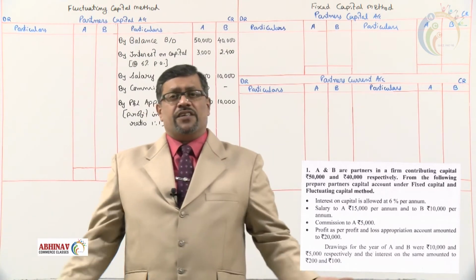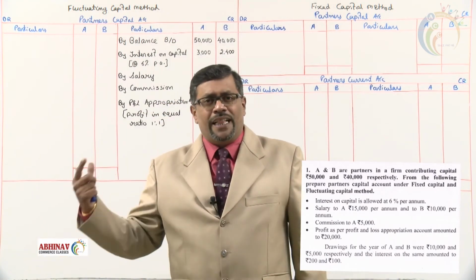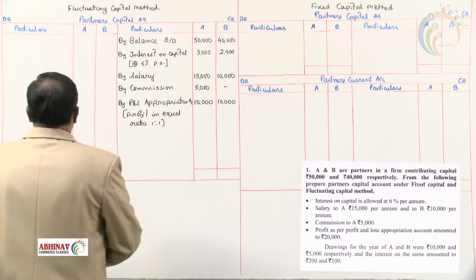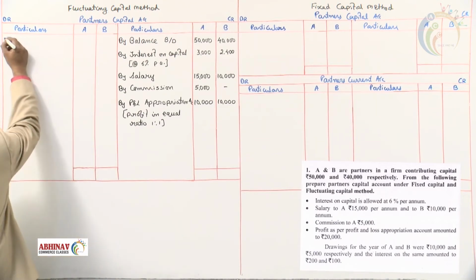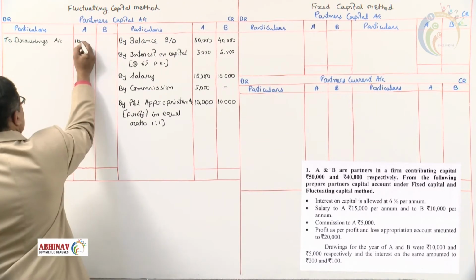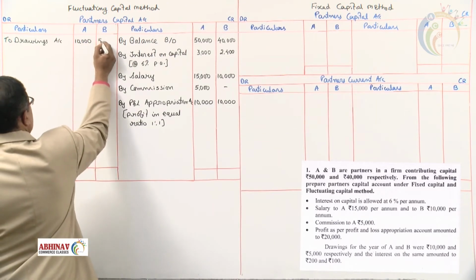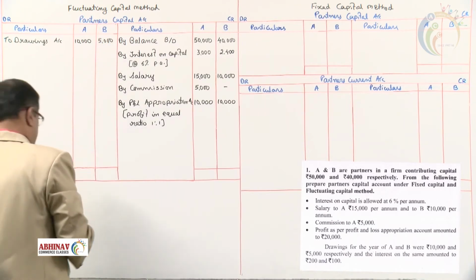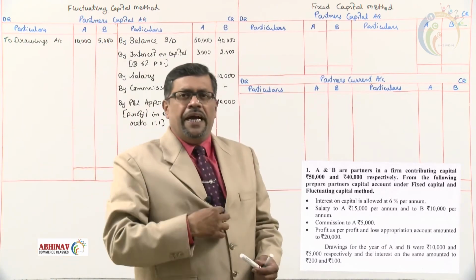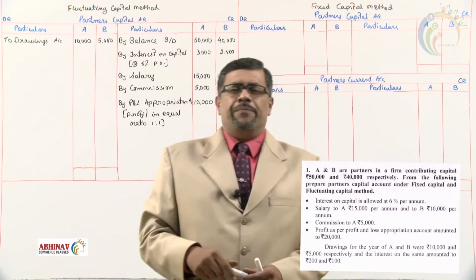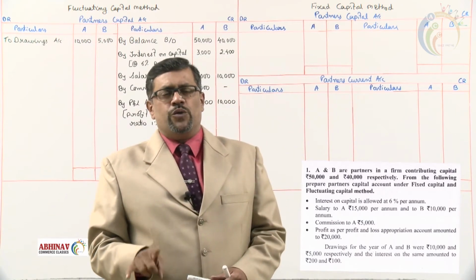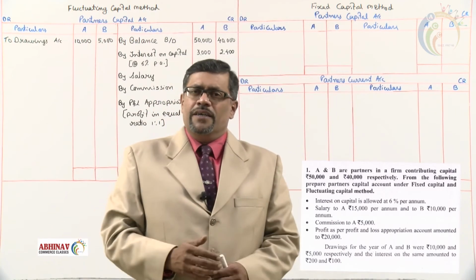Decrease in capital is decrease in liability. Let us debit drawings on the debit side, A 10,000, B 5,000.